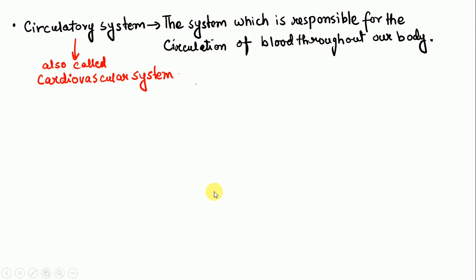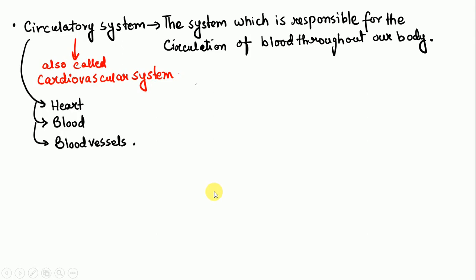It consists of three main components, that is the heart, blood and the blood vessels, out of which the heart is one of the major components, responsible for the pumping of this blood.